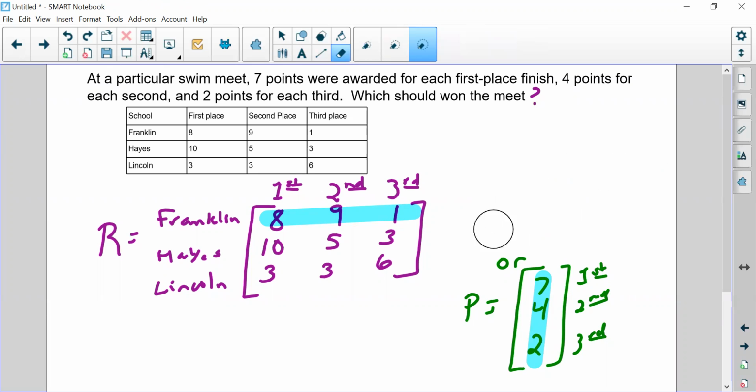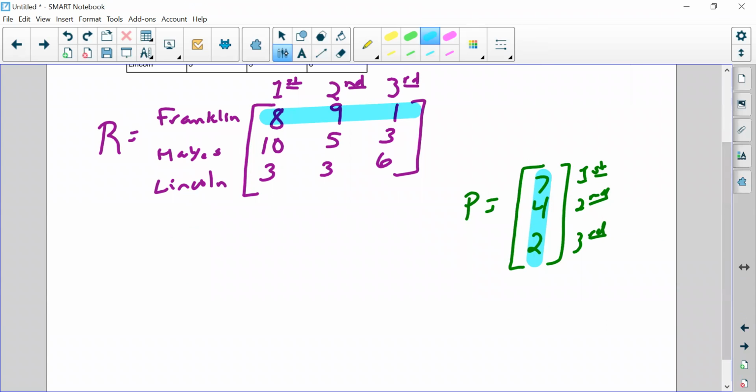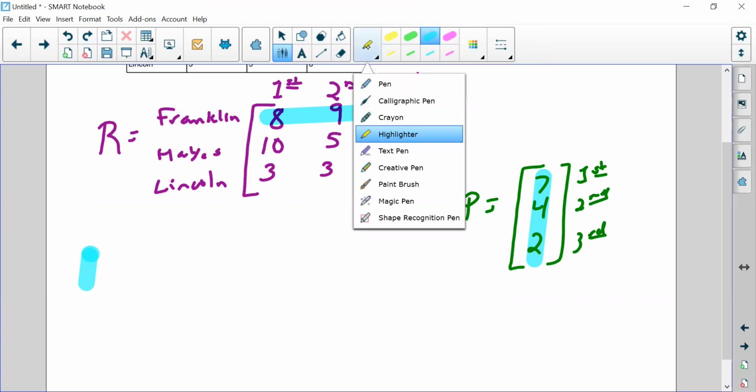So matrix P, my points matrix, needs to be a column matrix. And that's exactly the reason why, because in order to figure out who won the meet, I need to figure out the total points earned for each school.